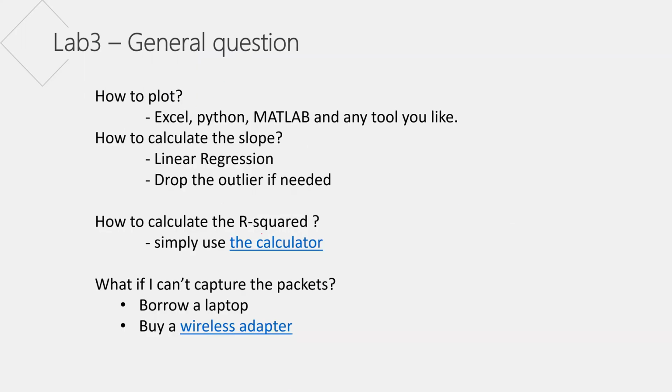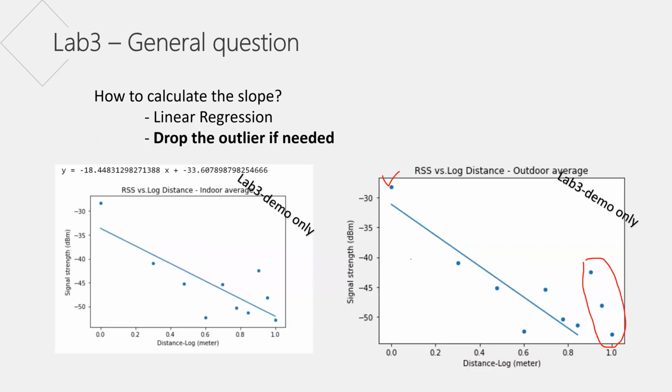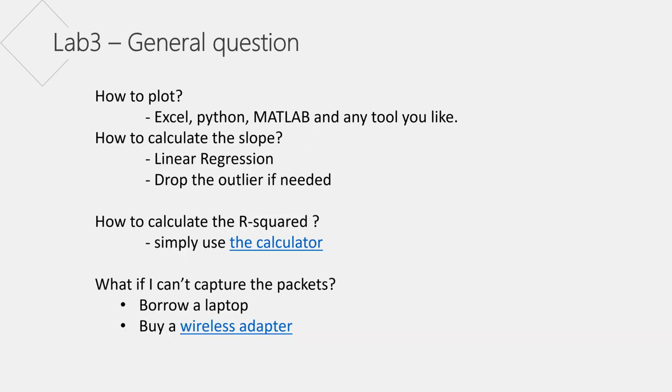Okay, so let's move on. How do we plot this kind of graph? It's very simple. Just use Excel, Python, Java if you want, or any tools you like. And how do we calculate the slope? Just use very basic linear regression.